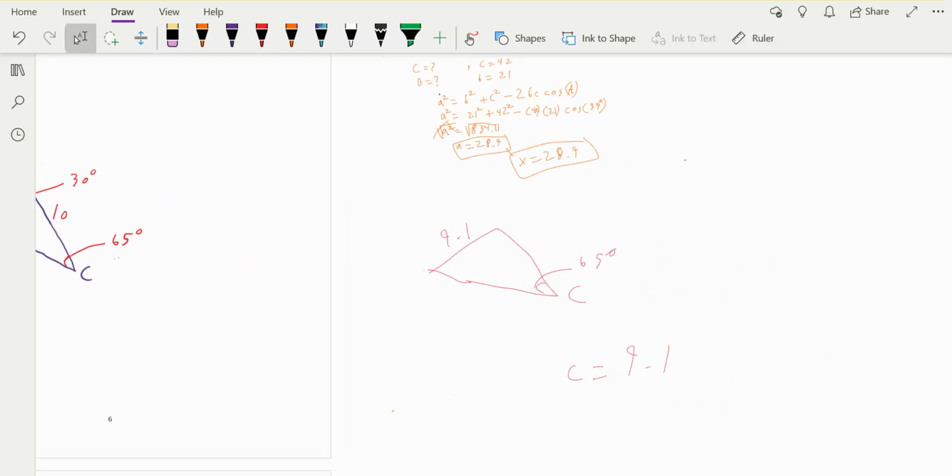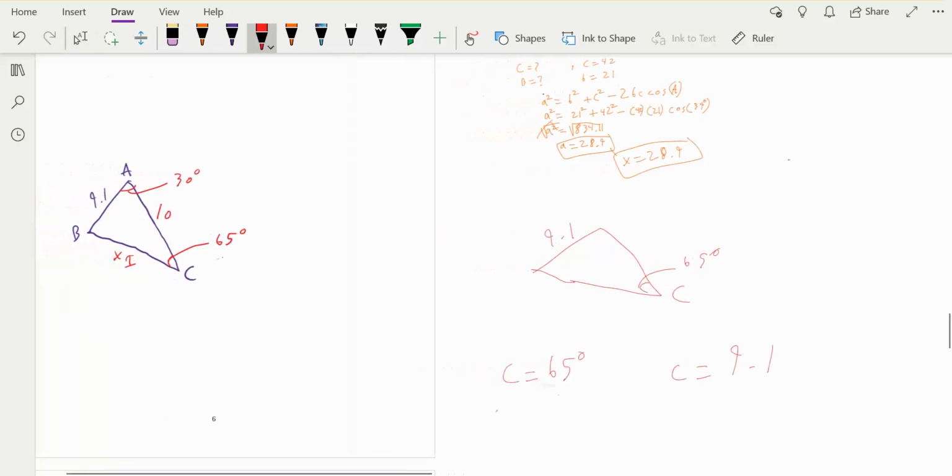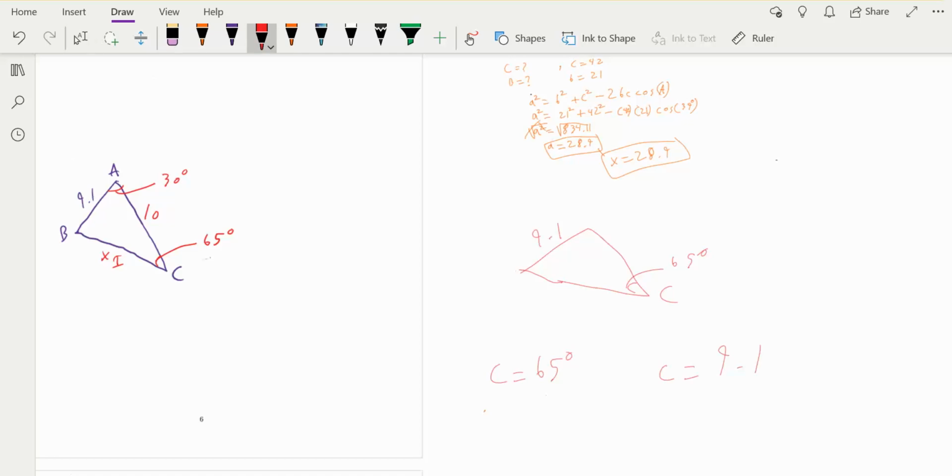What else did they give us? They told us that angle A is 30 degrees, but they're asking us to find side A. They also told us that side B is 10, but they didn't give us angle B.